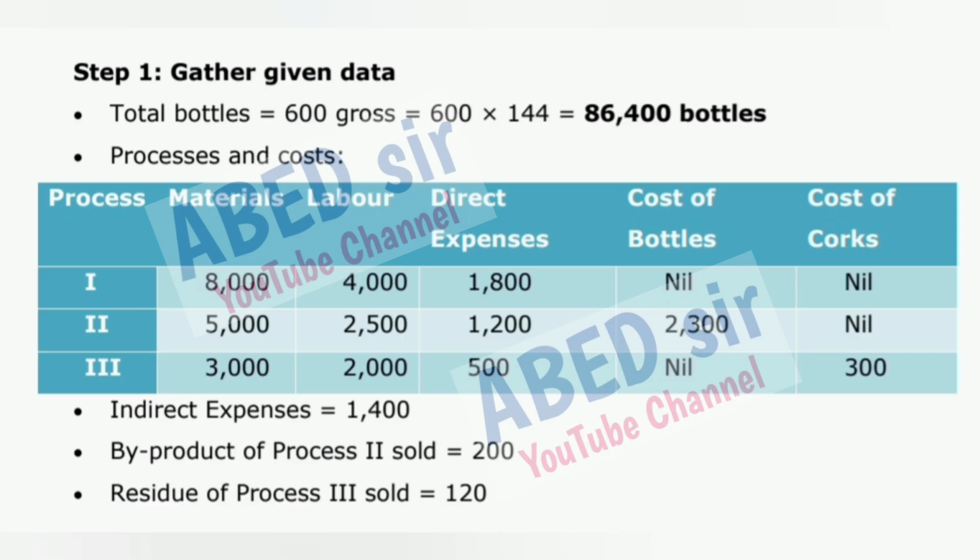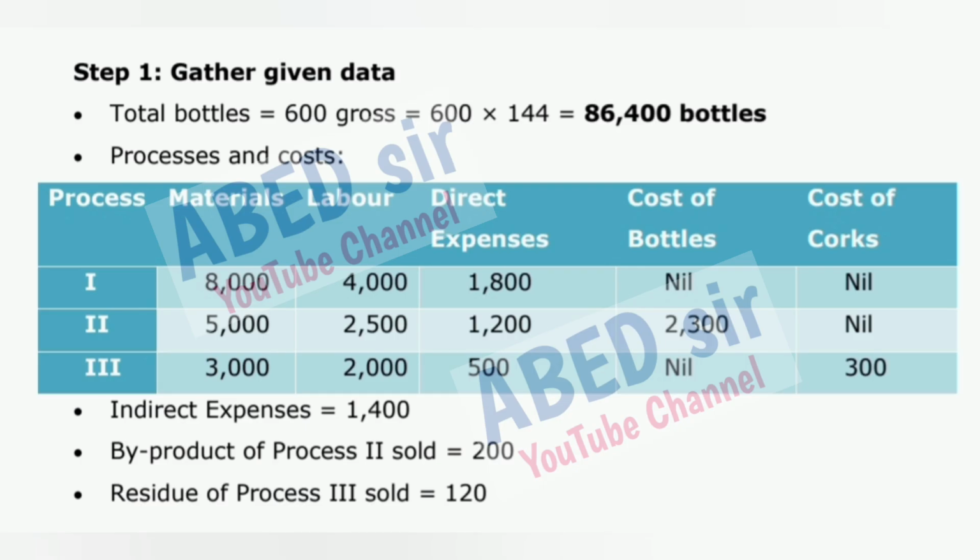Total bottles is equal to 600 gross, which is 600 times 144, equals 86,400 bottles. Processes and costs: materials, labor, direct expenses, cost of bottles, cost of corks. Process 1: 8,000, 4,000, 1,800, nil.